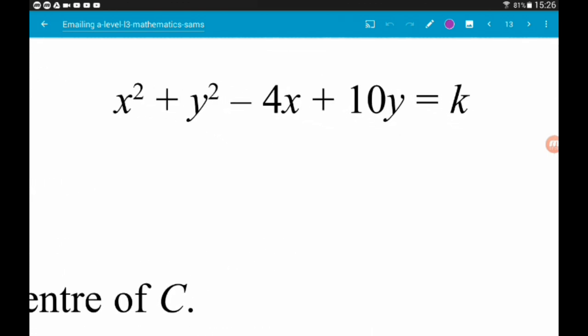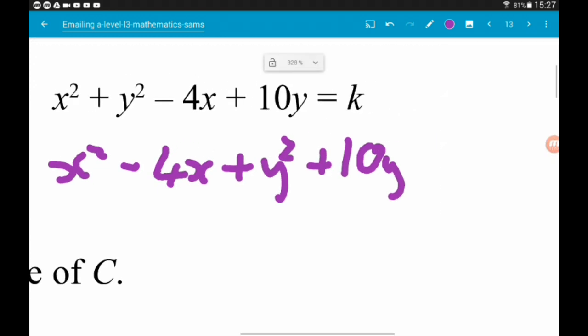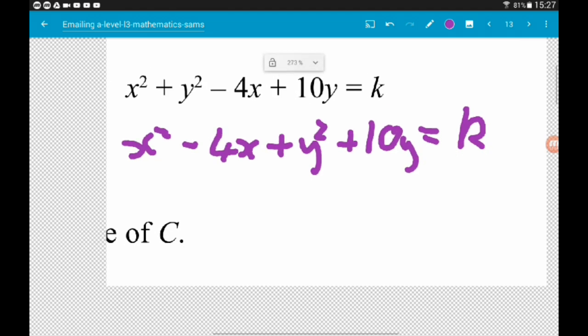First of all, let's reorder this a bit. Let's say we've got x squared minus 4x plus y squared plus 10y, and that is equal to k.